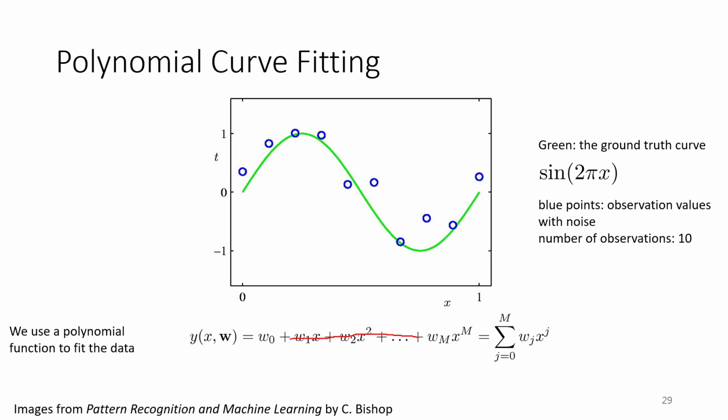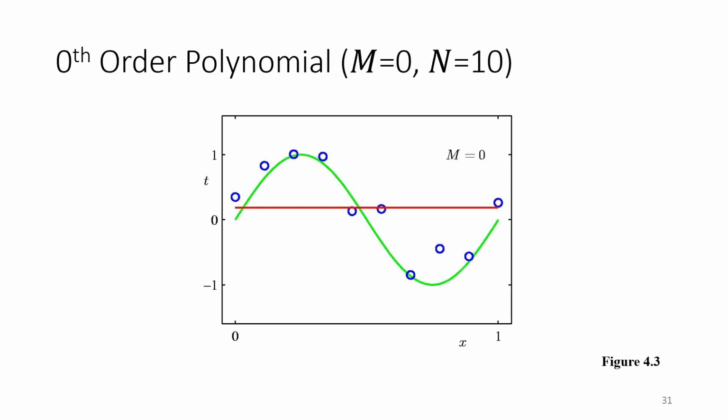All of them are empty. We only have a single parameter, W0. And this W0 will be the mean of the t values. The t values are the heights of those blue points.